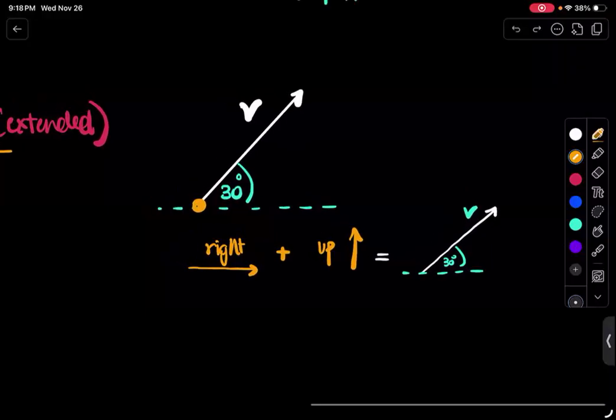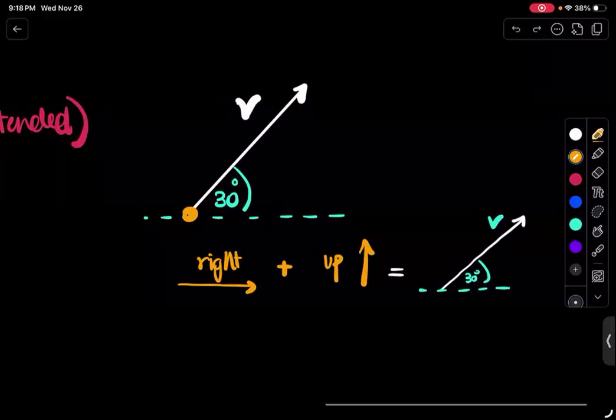And if you remember, we did a tiny little derivation on how to find the components of that vector, right? How do I find out how much right the ball is going and how much upwards the ball is going? For that, remember that the component next to the angle is always v cos theta.